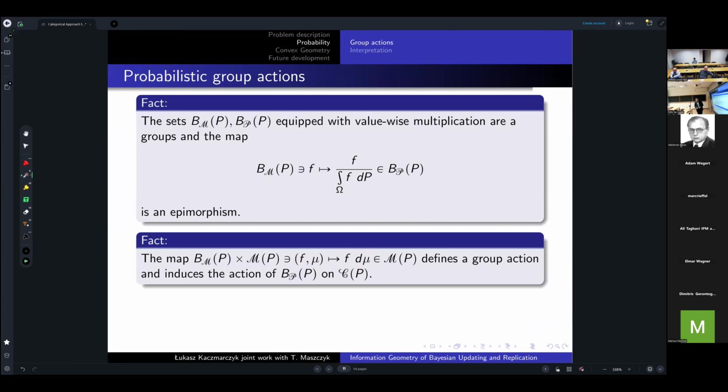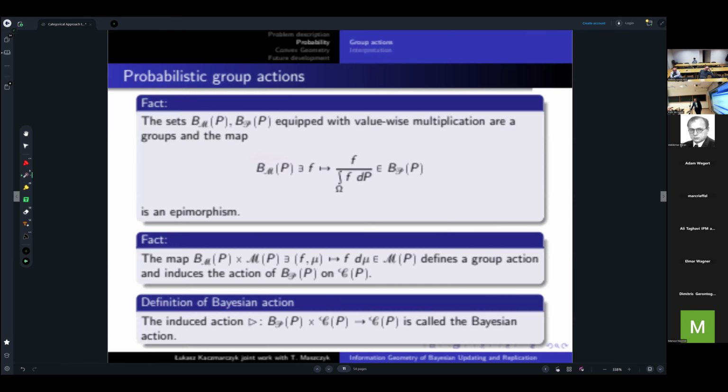Because in PM the group action is given simply by pointwise multiplication, or well, value-wise multiplication almost everywhere, everything here satisfies the group action axioms trivially.